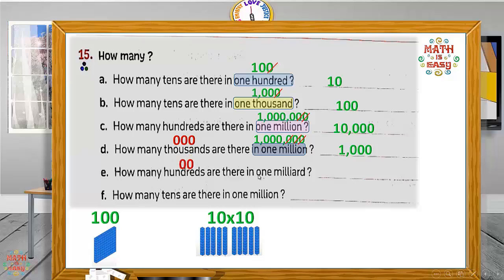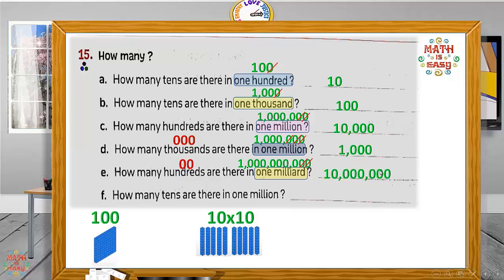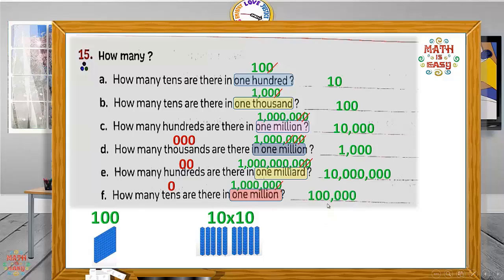Hundreds, 2 zeros. 1 milliard means 9 zeros. Cross out 2 zeros and write the remainder. Here you have 10 million. Last one, how many tens are there in 1 million? Tens means 1 zero. 1 million means 6 zeros. Cross out 1 zero only. You have here 100,000.